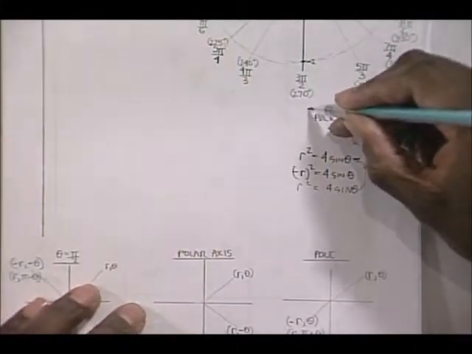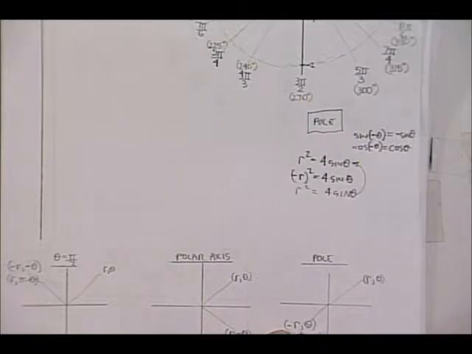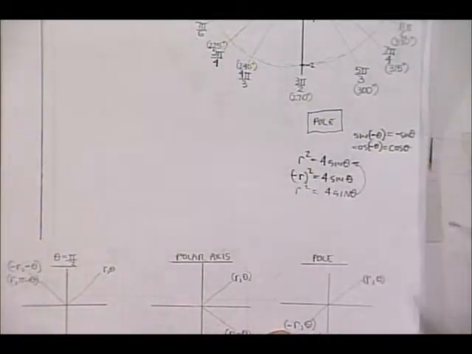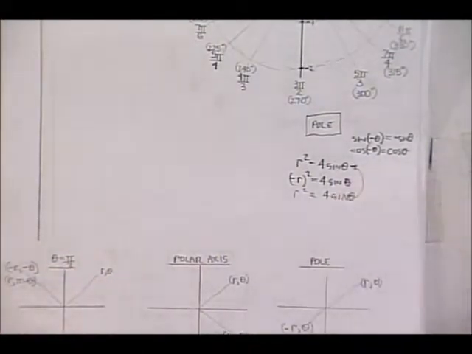So this is symmetric about the pole. I used negative r, theta because I used identities that I'm already familiar with to substitute into r squared equals 4 sine theta, with an understanding that I would end up with the initial equation that I'm working with.